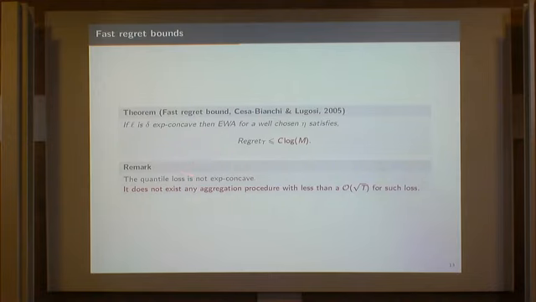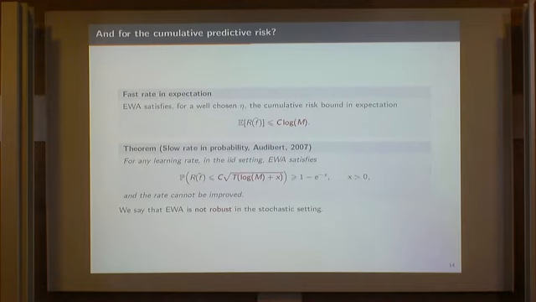But in Cesa-Bianchi and Lugosi, they discuss the assumption of exp-concavity, and actually it's a necessary assumption in the sense that if the quantile loss is not exp-concave, there does not exist any aggregation procedure with regret better than the square root of T. So better than the bound that Pierre showed you before. So you cannot speed up the aggregation procedure.